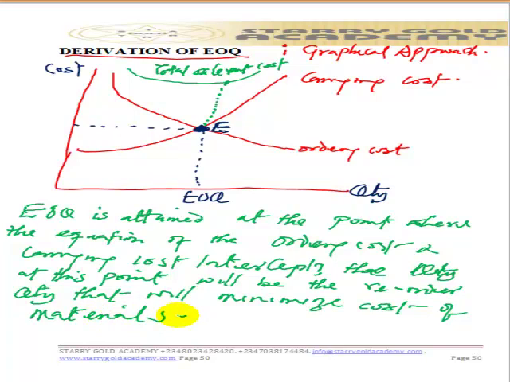So usually in cost accounting, you will not be examined on the graphical method, but the algebraic method, which are the formulas for estimating the EOQ. The formulas that are associated with EOQ, so I call them mathematical approach.